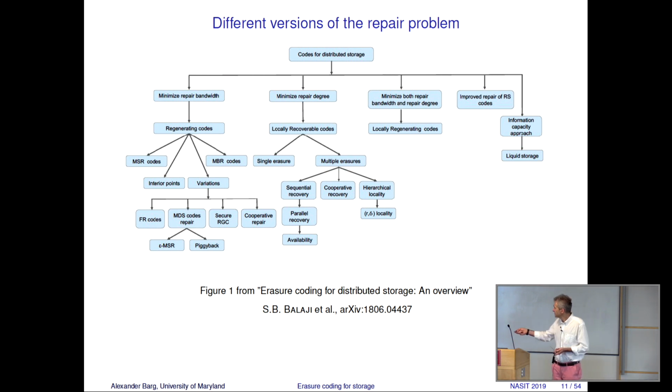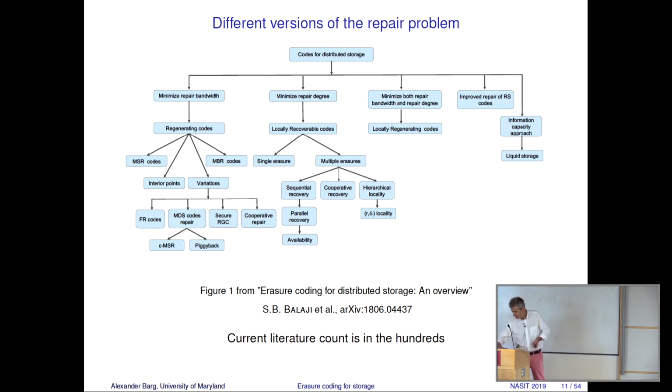So, let me see what it says. Yes, the bandwidth is on the left. The repair degree is in the middle, and then there are variations of these questions, and so on and so forth. Reed-Solomon codes are here, and there are other problems being considered. All right.